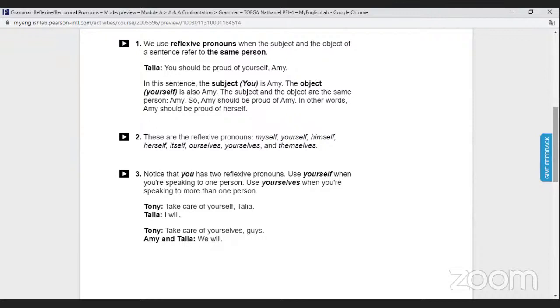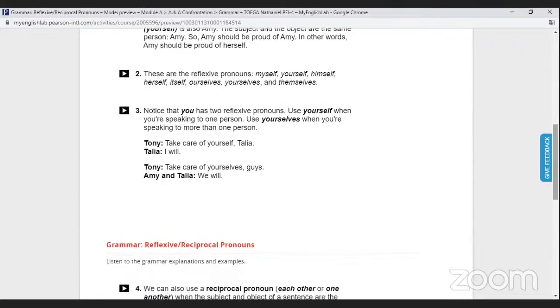Now, number two. These are the reflexive pronouns: myself, yourself, himself, herself, itself, ourselves, yourselves, and themselves, according to the subject that we're going to use. In number three, notice that you has two reflexive pronouns. Use yourself when you're speaking to one person.